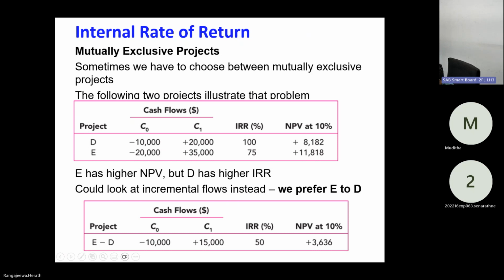And your NPV is Galle 8 million, Kandy 11 million. But you don't have other resources like employees, you don't even have production, your products to be made available at Kandy and Colombo. Then you have some other limitation. Right?